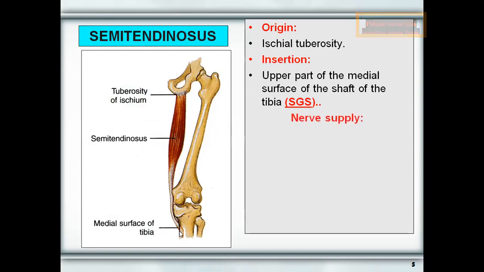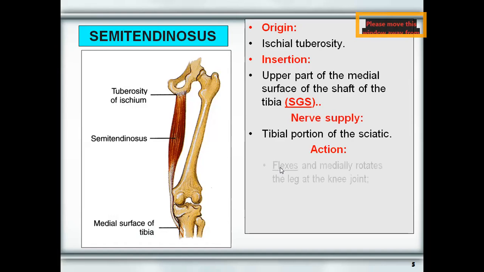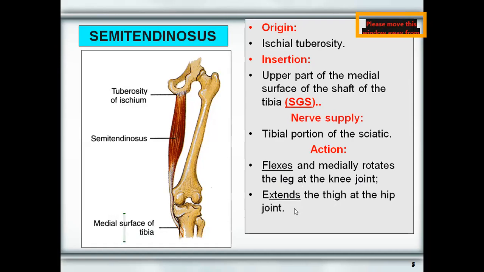The nerve supply comes from the tibial portion of the sciatic nerve. The action of the semitendinosus: it flexes and medially rotates the leg at the knee joint and extends the thigh at the hip joint.